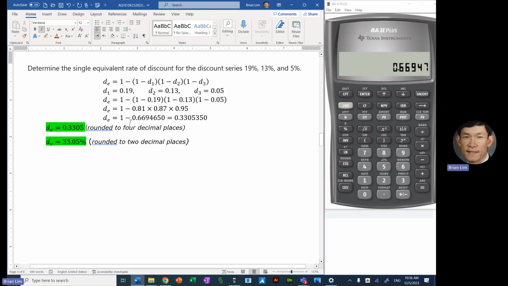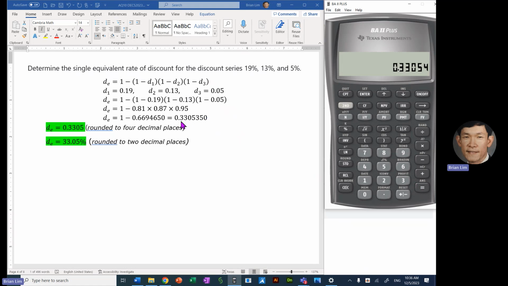Now, if we're subtracting from 1, remember we could make this 0.6694650 or this 0.66947 negative first, hit plus minus, and then if we add 1, we will get the answer of 0.33054. Now mine is rounded.